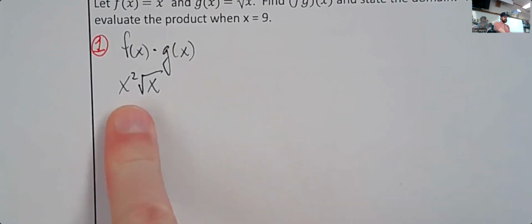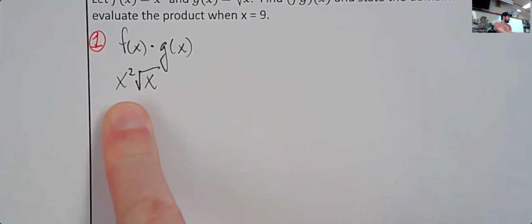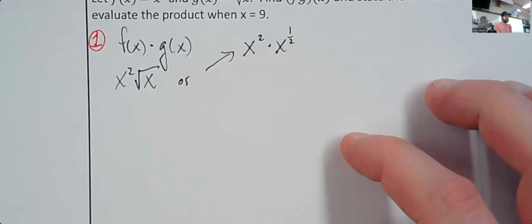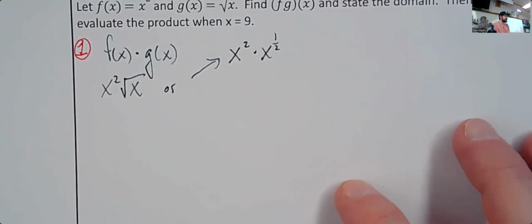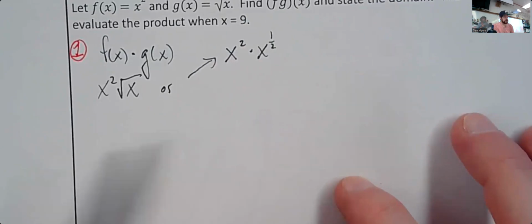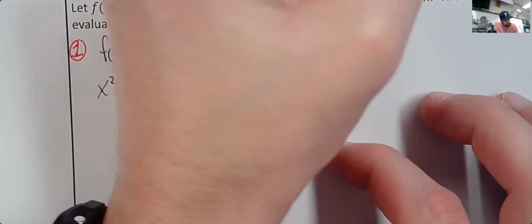By the way, this is fine. Or if you want to, you can go over here and say x squared times x to the 1/2. You can use rational exponents instead. So this would be equal to x to the 4/2 times x to the 1/2, which would be x to the 5/2.